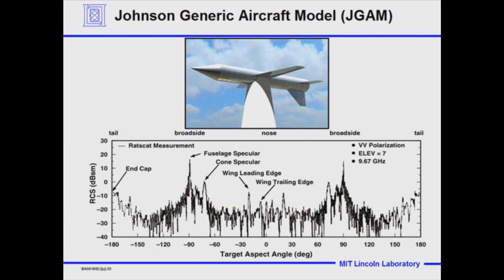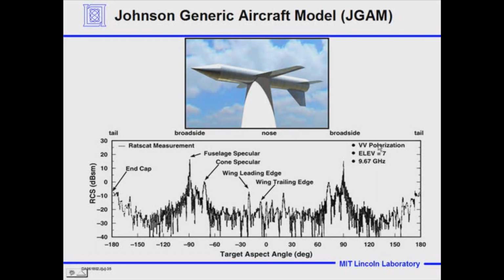Now this is measurements at a full-scale range facility called RATSCAT of a Johnson generic aircraft model. It's a simple full-scale model that has many of the different features that aircraft have, like a nose, a cylinder, wings, and control surfaces.